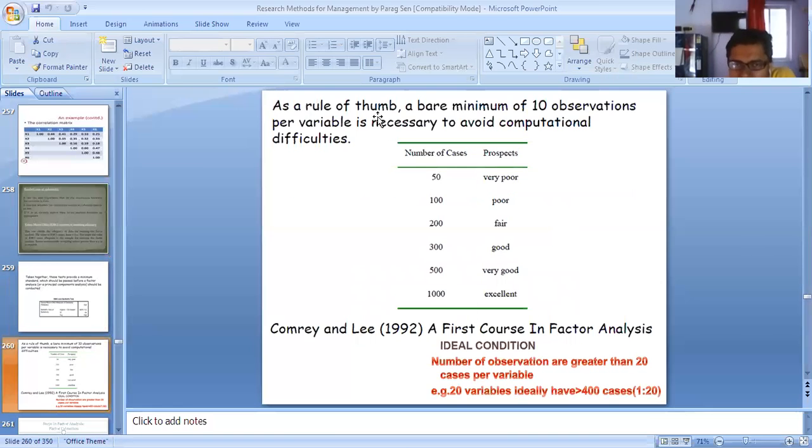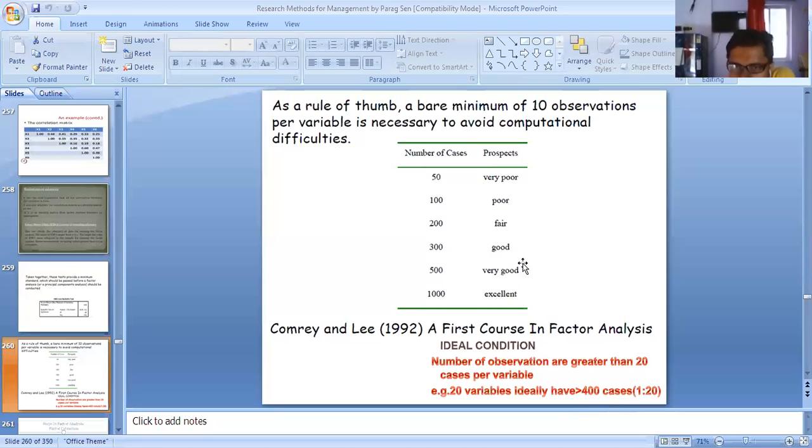As a rule of thumb, you need 200 to 300 cases in order to conduct the factor analysis or structural model. The number of observations should also be greater than 20 cases per variable, so 20 variables ideally need more than 400 cases.